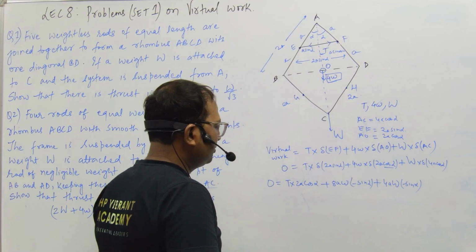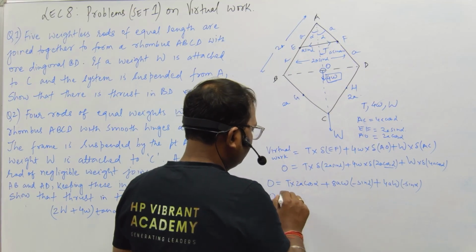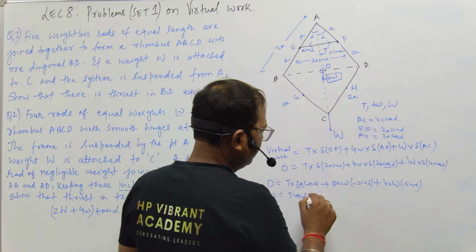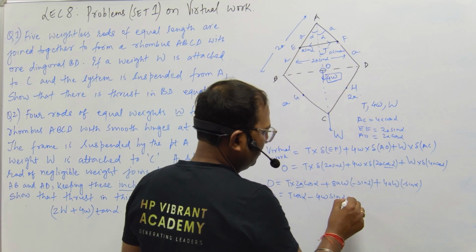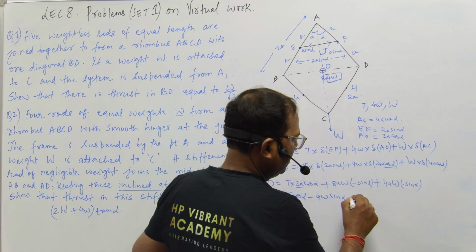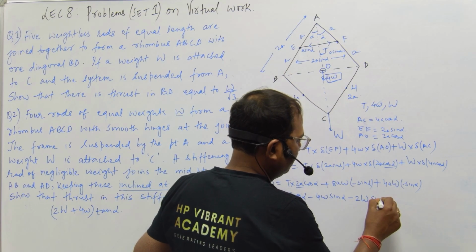So this is 0. Let us divide by 2a, so this gets cancelled. So 0 is equal to T cos alpha, and we have divided by 2a, so minus 4w sin alpha, and minus 2 capital W sin alpha.